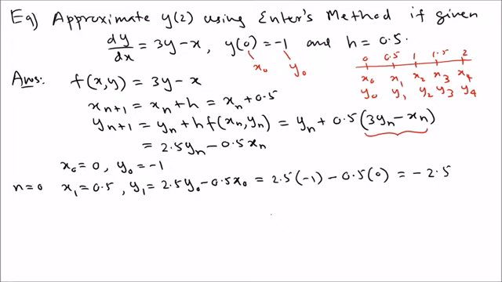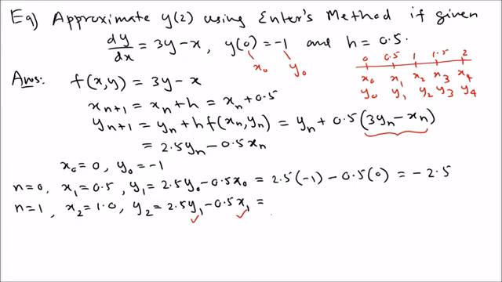Keep going. Now you plug in n equals 1. If you plug in n equals 1, you get x2, which is 1.0. We have y2 now. So it is 2.5 y1 minus 0.5 x1. Since we know y1 and x1, we can plug in; that's coming from the previous step.